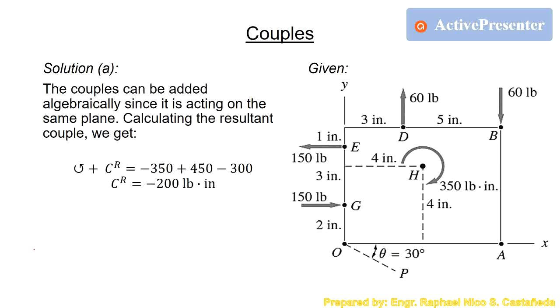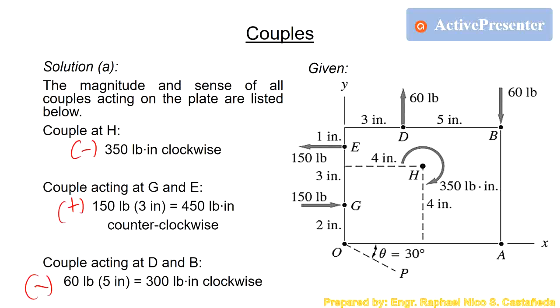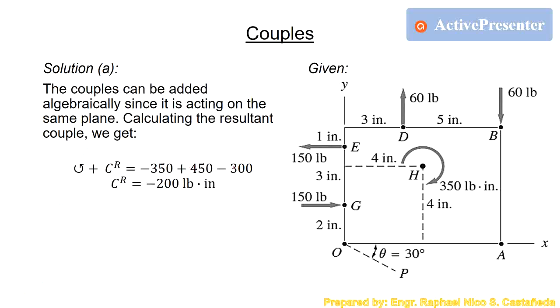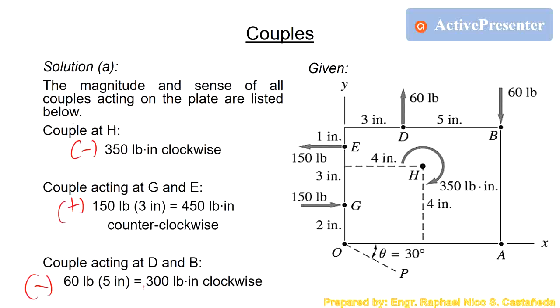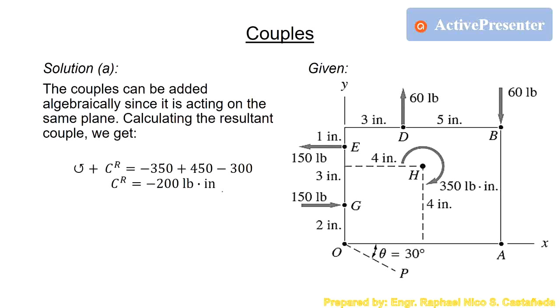So we will get negative 350 plus 450, then minus 300. That is correct, 300. So we will get negative 200 pound-inch. So meaning, the couple resultant is 200 pound-inch. Since it is negative, it is clockwise.